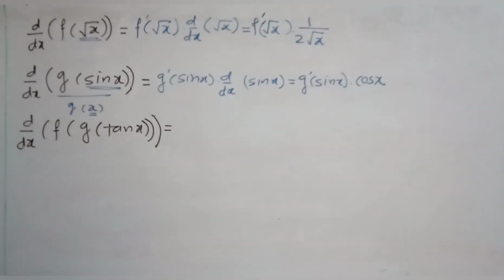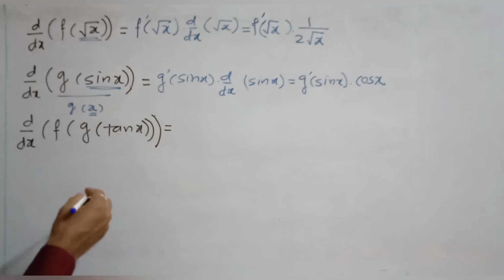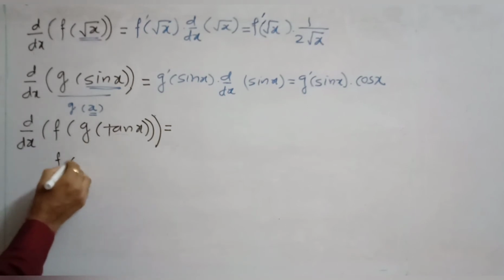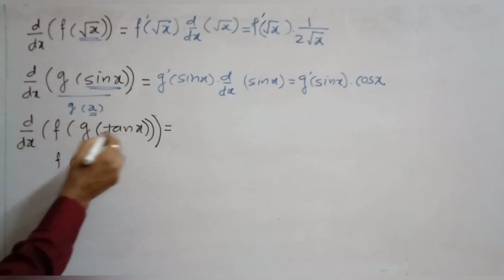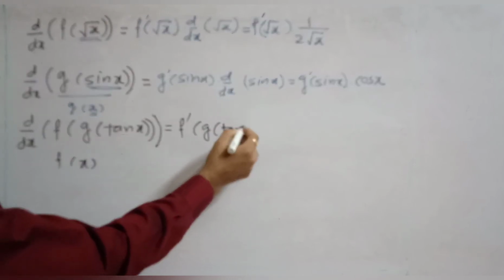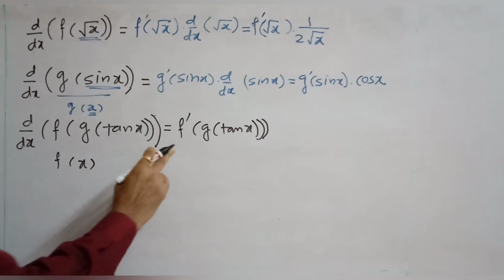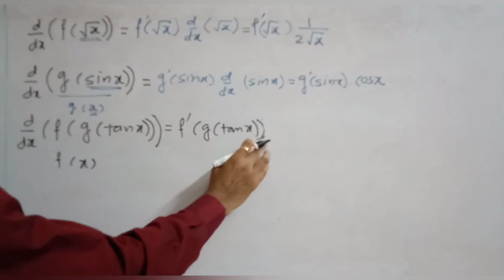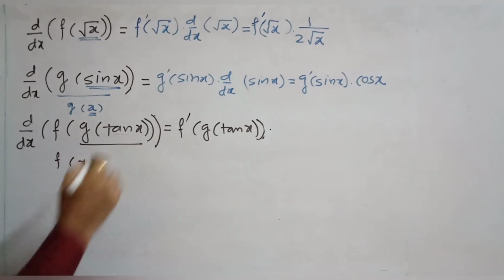Now what about this? D by dx of f of g of tan x. You can answer this. f of g of tan x is compared with f of x, so f of x's derivative is f dash x. So d by dx of f of g of tan x is f dash g of tan x into d by dx of the replacement of x, which is g of tan x.